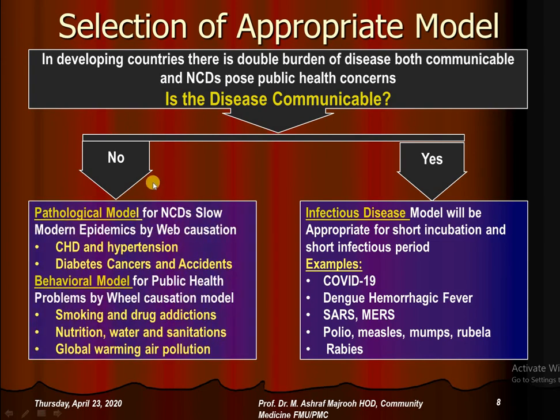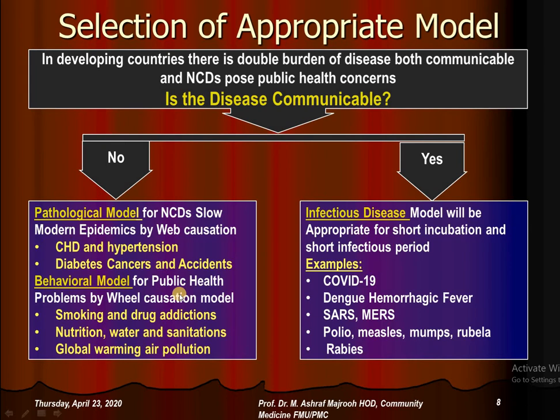On the other hand, if the non-communicable slow modern epidemics are there, if the disease is not communicable, then the pathological model is the choice, and it will focus on the non-communicable diseases like coronary heart disease, hypertension, diabetes, cancer, and accidents. Then underlying these diseases are the factors, as has already been explained.